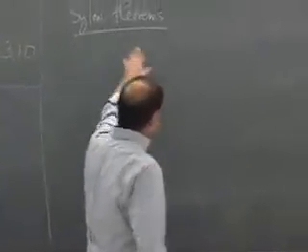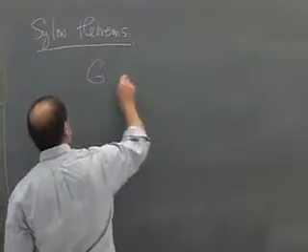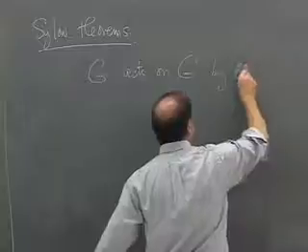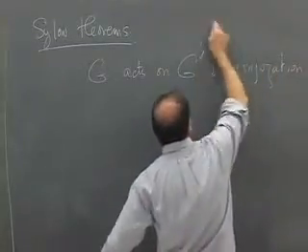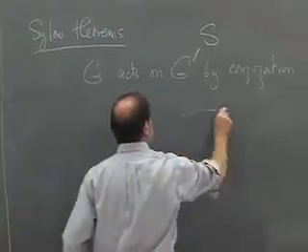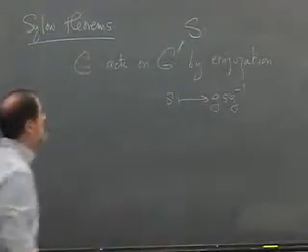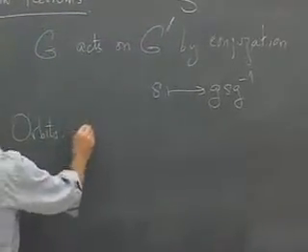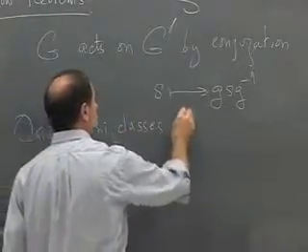Okay, for the Sylow theorems, we have to discuss the action of G by conjugation. So remember that G acts on G by conjugation. This you think of as the set. Namely, it takes an element s to gsg^{-1}. And the orbits are called conjugacy classes of elements.